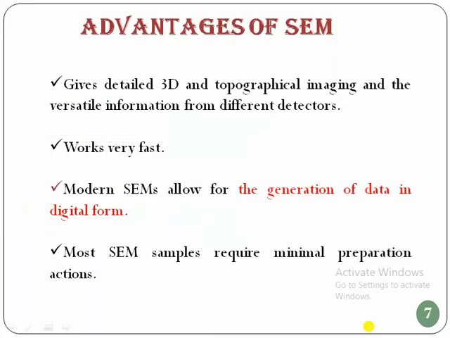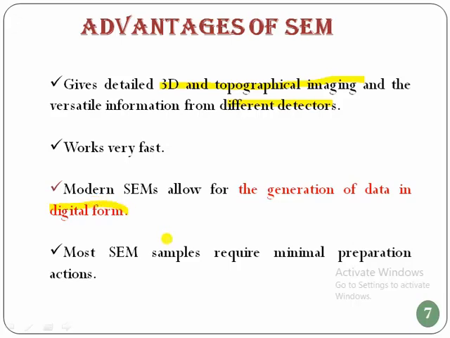Now what are the advantages of SEM? Why do we have to use the SEM? First, as I said, it gives detailed 3D and topographical imaging, and versatile information from different detectors, and it works very fast. Now modern SEM allow for the generation of data in a digital form.